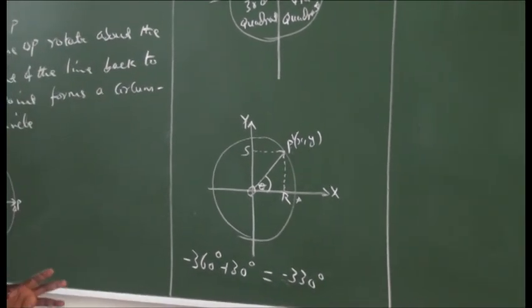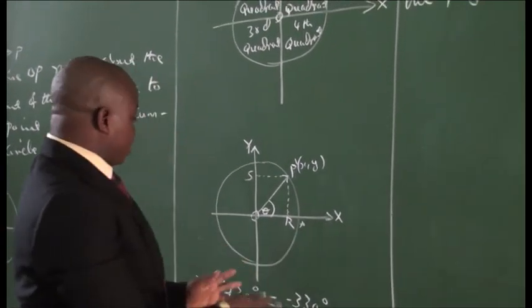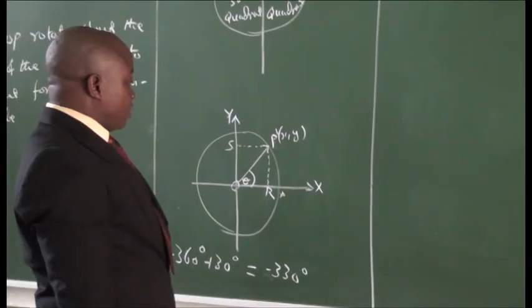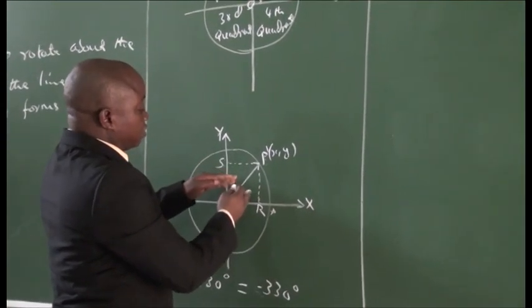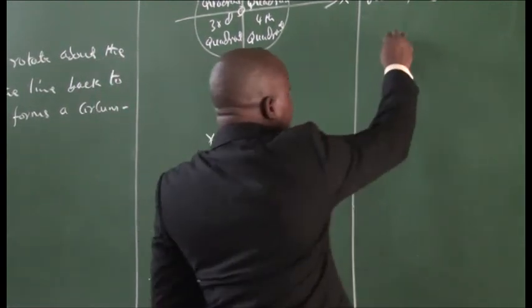Now, I'd like us to look at some examples of the equivalence of negative and positive angles. I would like to deal only with the first quadrant. All right.